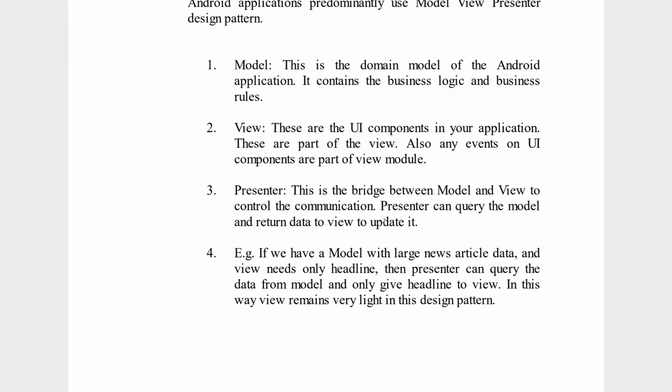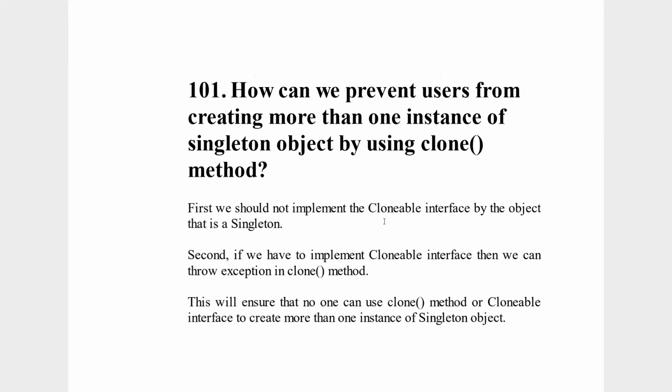Then suppose we have a model with large news article data and the view needs only the headline, then the presenter can query the data from the model and give the headline to the view. In this way, the view remains very lightweight. That's why Android applications use it.